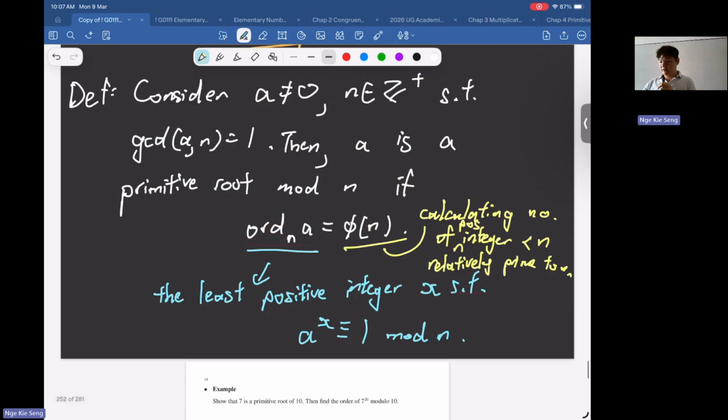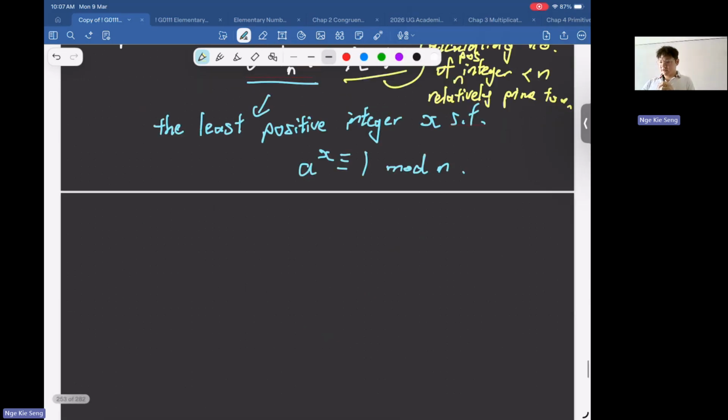So what's the usefulness of this primitive root? There's a theorem that we mentioned last time.